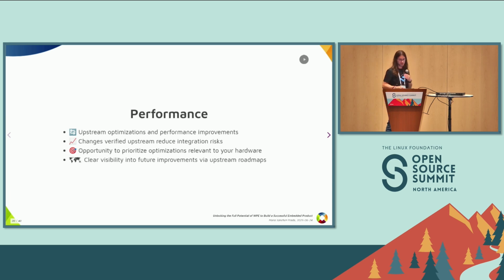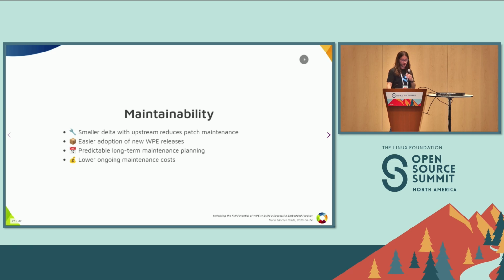This is what I was commenting before. Regarding maintainability, the smaller your delta with upstream, the simpler long-term maintenance will become, and also the easier adopting new versions will become. Also, by staying closer to upstream, you can keep your code base healthier, you can reduce your backporting pain, and make sure that upgrades are smooth and predictable, which should translate into lower maintenance costs.